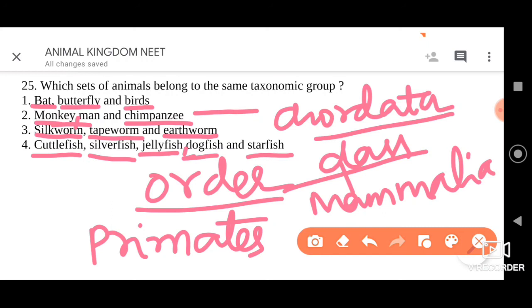Here also all five given animals belong to different phyla. Cuttlefish to the mollusca, silverfish to the arthropoda, jellyfish to the Cnidaria, dogfish to Chordata, and starfish to Echinodermata. The only group which belongs to the same taxonomic group is monkey, man and chimpanzee. So without doubt, please go for option 2.